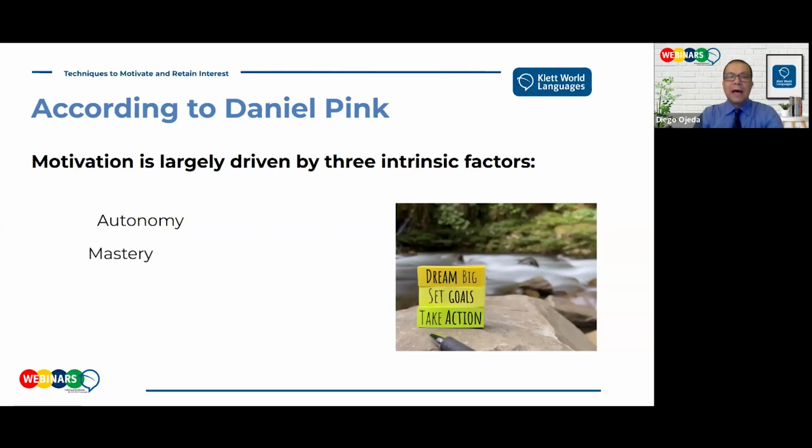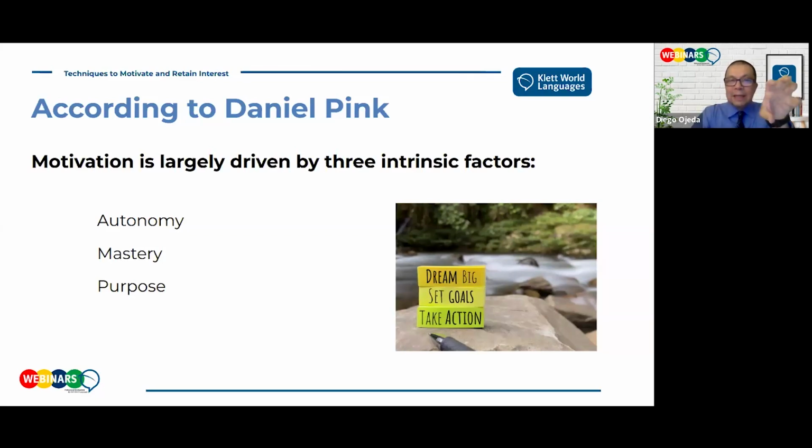The first one, autonomy. So let's think in our classrooms, how autonomous are our students? How much are we willing to allow autonomy in our instruction? Next one, mastery. And the next one, purpose. So these three things: autonomy, mastery, and purpose.